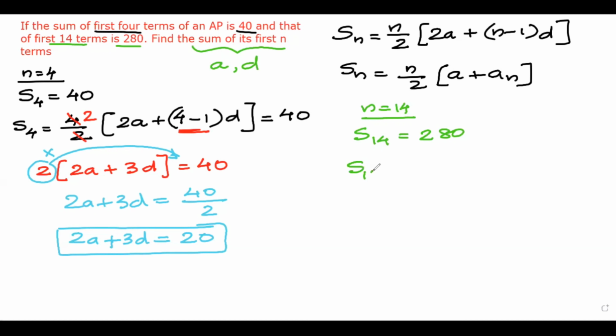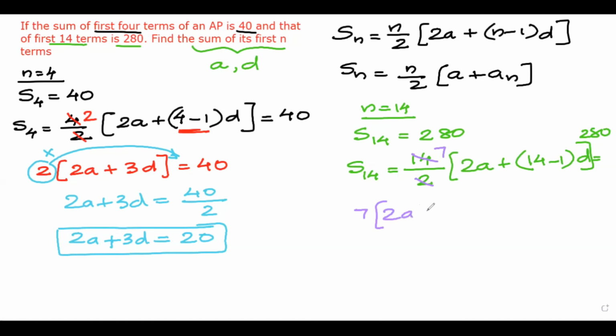Let us apply the equation to find the sum of n terms. In place of n, we have to write 14 in this case. 14 by 2 into 2a plus n minus 1 into d is given as 280. Let us rearrange and rewrite. You see, 14 and 2 we can cut. So we'll get 7 times 2a plus 13d is equal to 280.